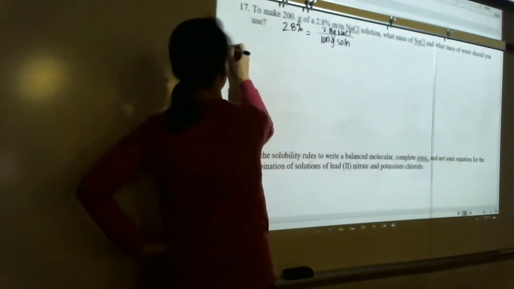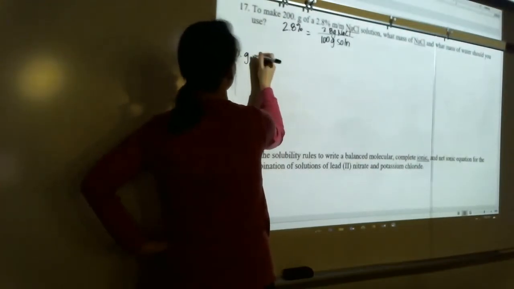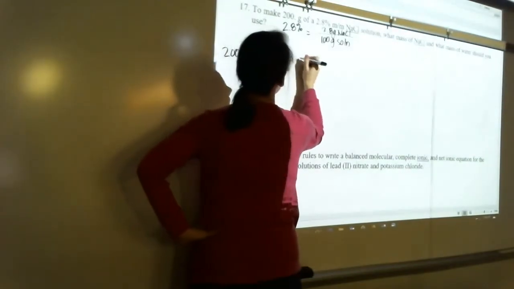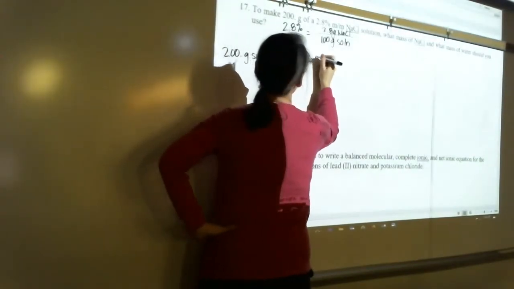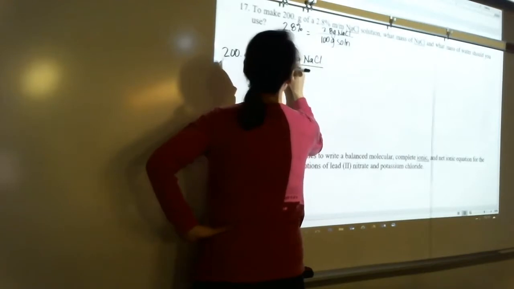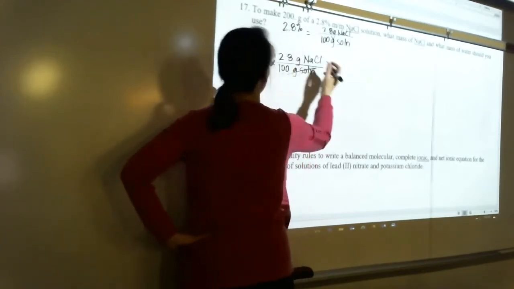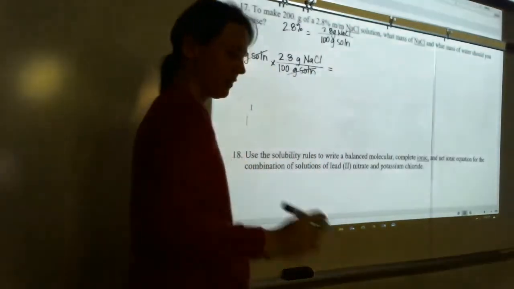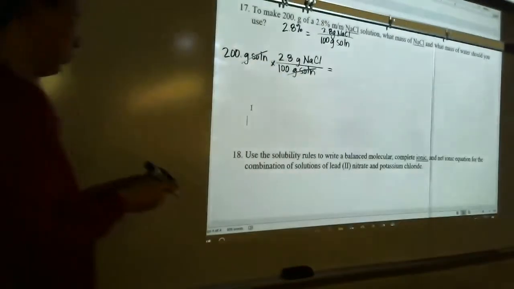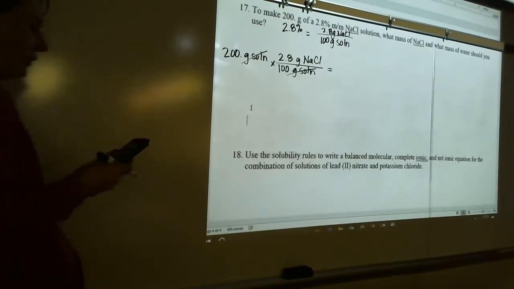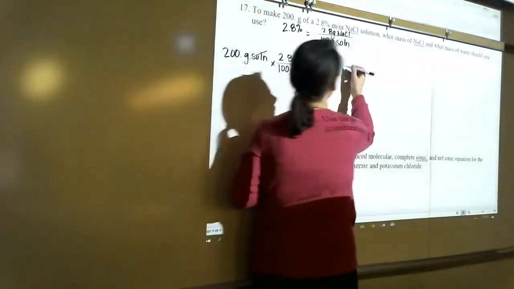So if I want to make 200 grams of solution, we multiply by 2.8 grams per 100 grams. Grams of solution cancels out, and that gives us the mass of the sodium chloride. So 200 times 2.8 divided by 100 gives me 5.6.